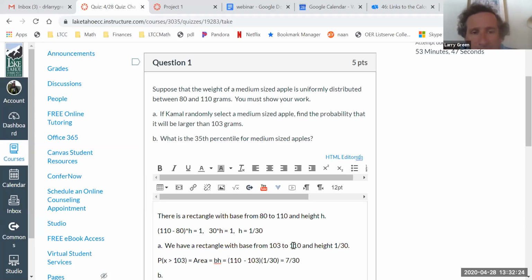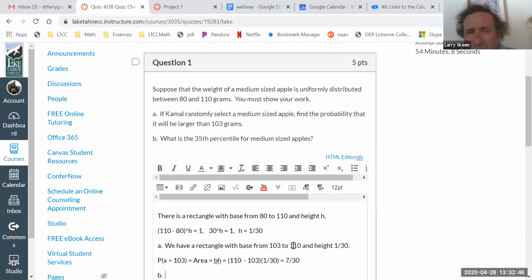So part B is, what is the 35th percentile for the medium-sized apples? So now the 35th percentile, what does that mean? What does it mean to say 35th percentile? See if someone can chime in, or you can say it or put it in the chat.